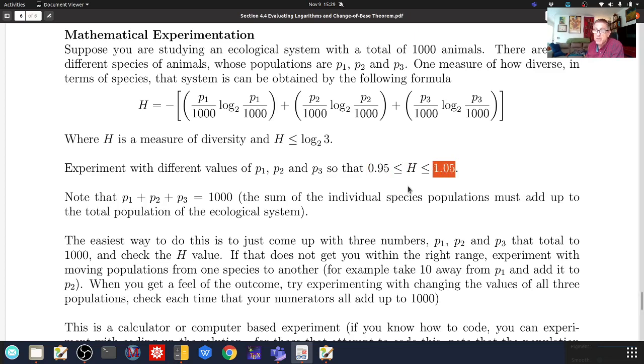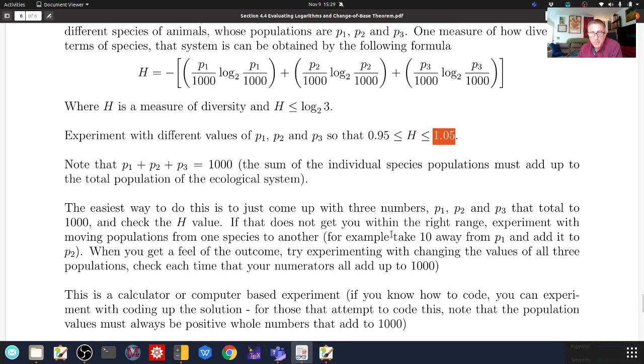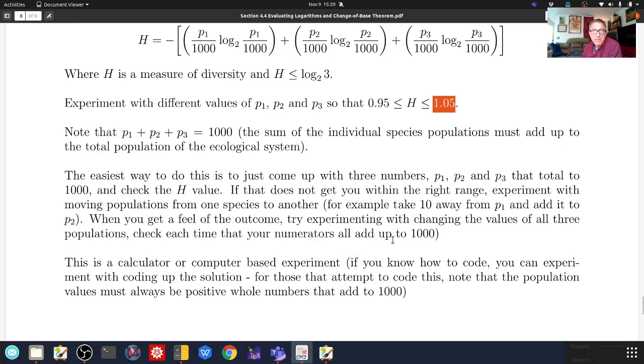And this may very well be a take-home segment of your next exam. So here's some more help. Notice that the values of P1, P2, and P3, whatever you choose, have to add up to 1,000. The sum of the individual species populations has to add up to the total population.